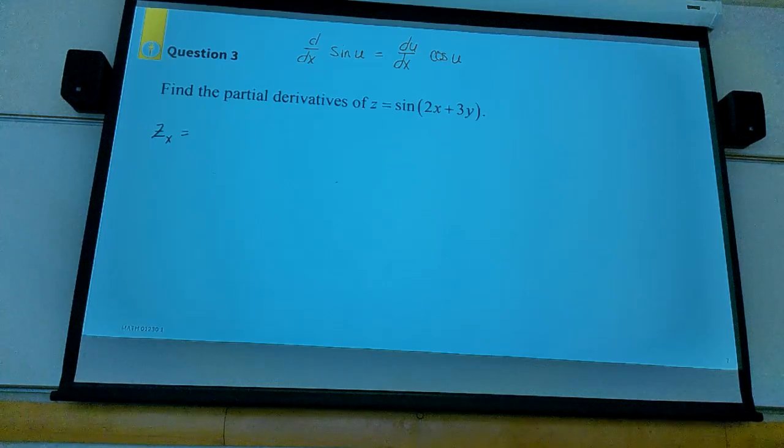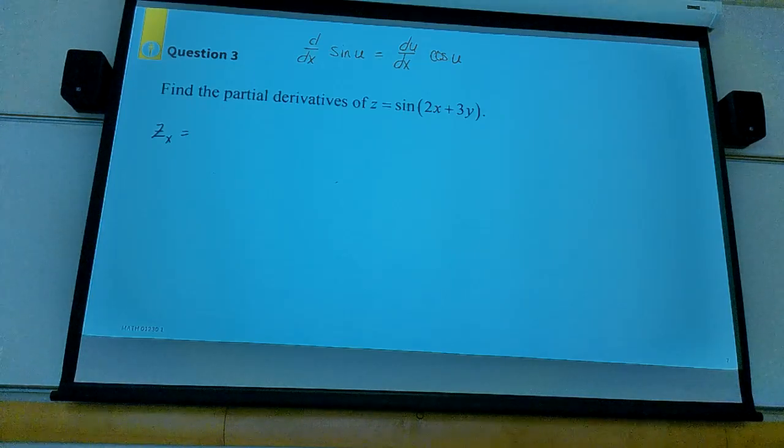Well, isn't z sine of u? What's u? What's the partial of u with respect to x? What is it? It's just 2.